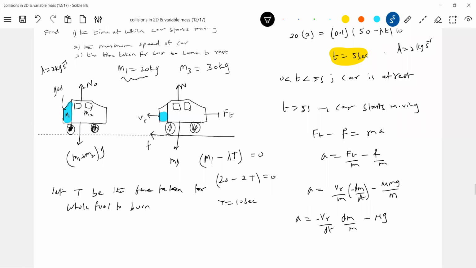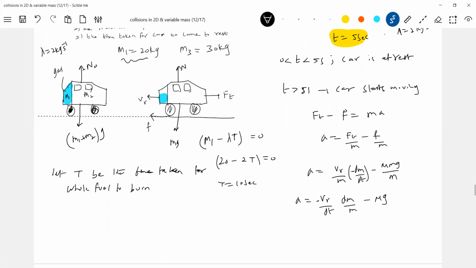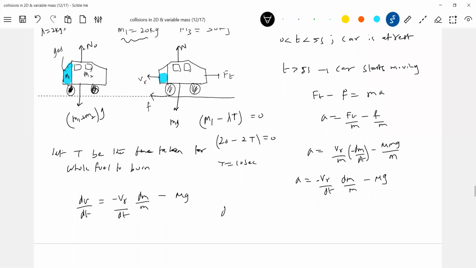So what is the acceleration now? Acceleration will become dv by dt, equal to minus VR dm by m, minus mu g. Adjusting dt on both sides, the equation will be dv equal to minus VR dm by m minus mu g dt.